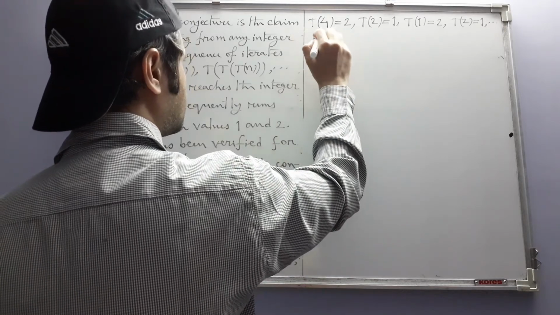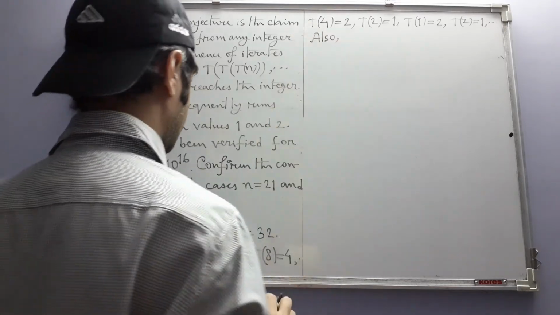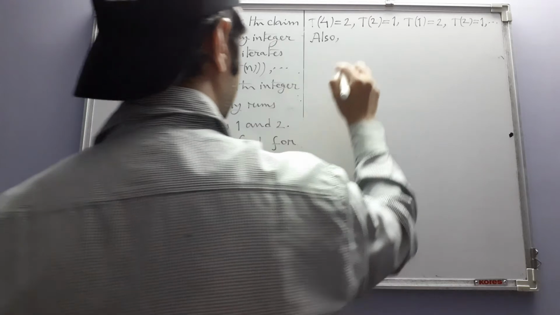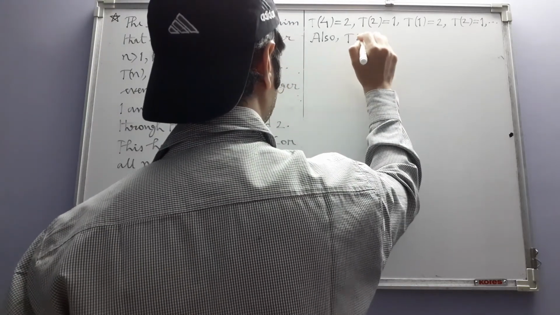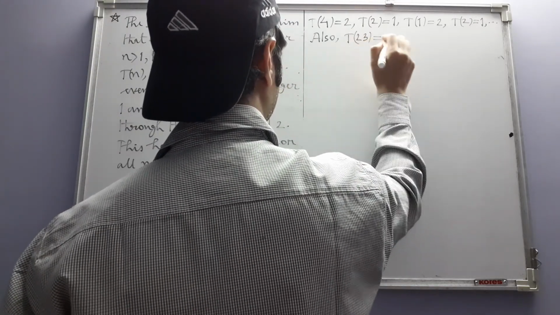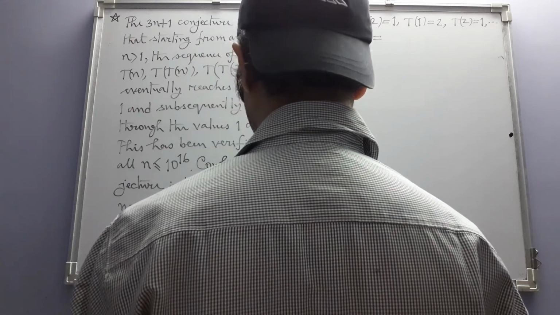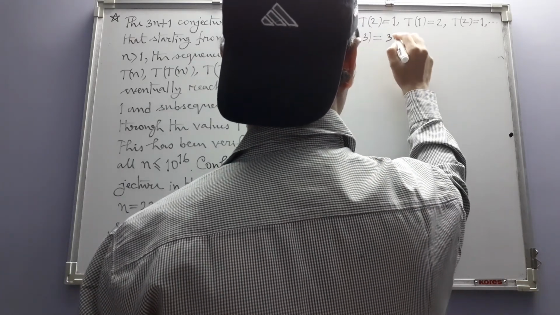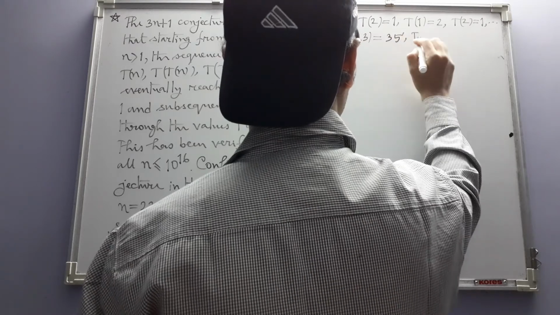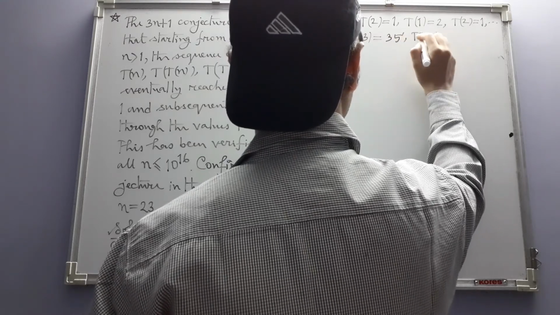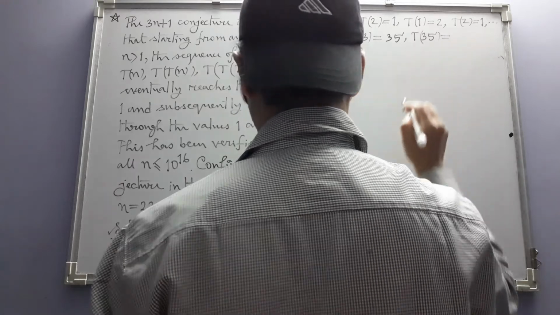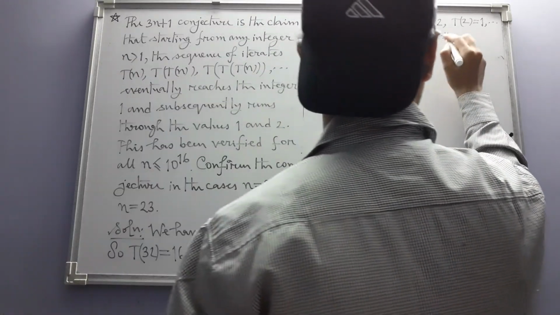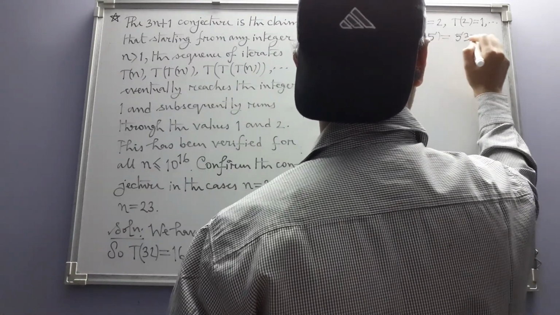Also, the other value is 23. T of 23, I have the values here with me, is 35. So for some time it increases, for a number of steps. T of 35 turns out to be 53.